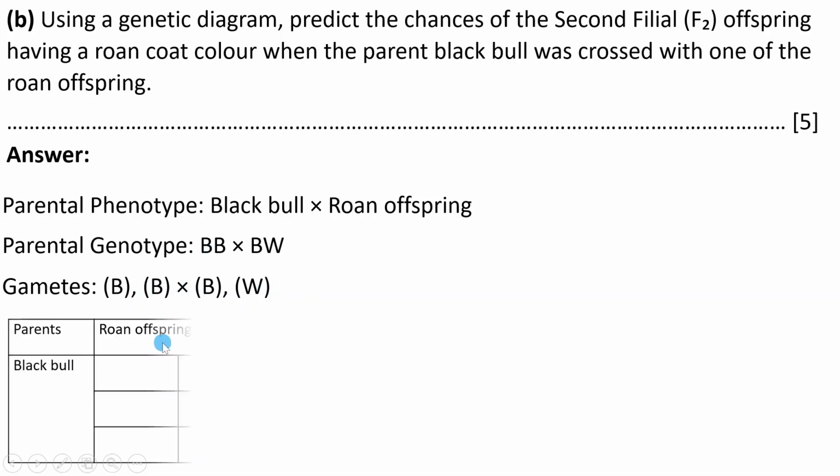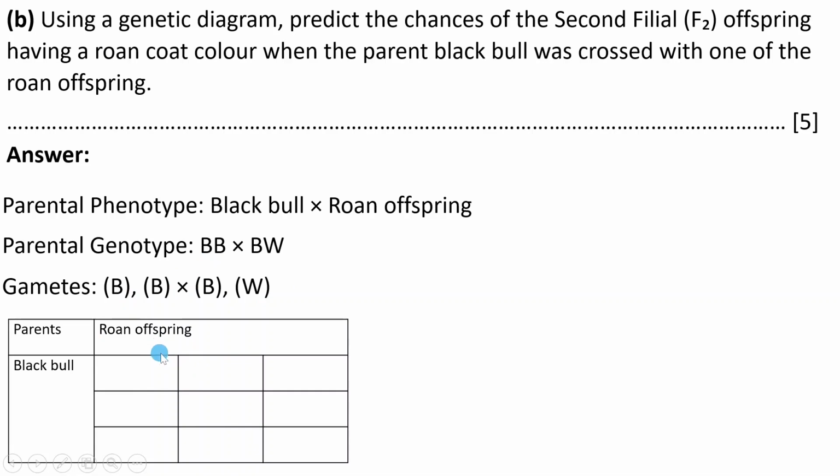Then using a Punnett table, the roan bull will have these alleles here, and the black bull will have these here. When crossing, this one will bring BB, here also BB, here we'll have BW, and here BW.